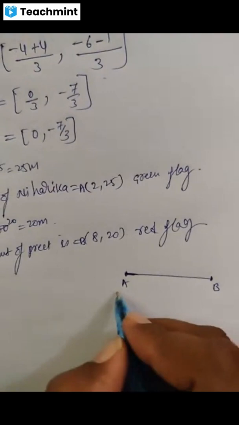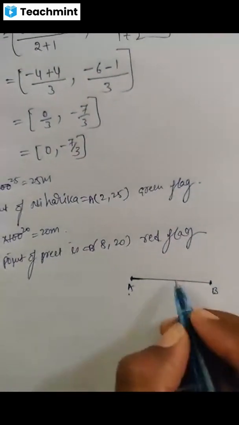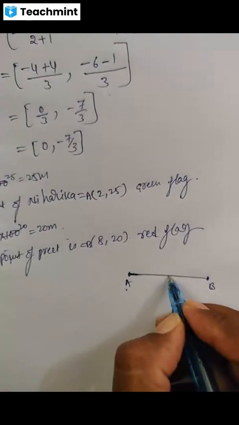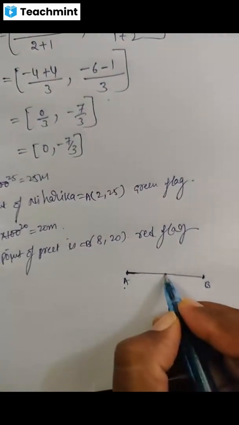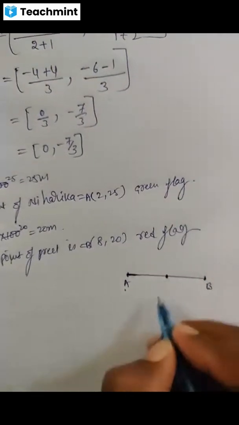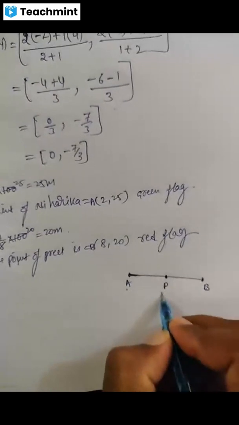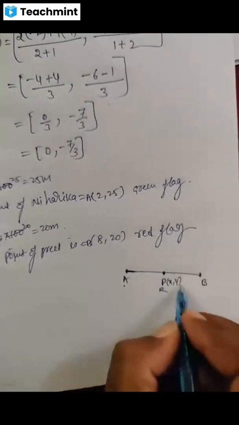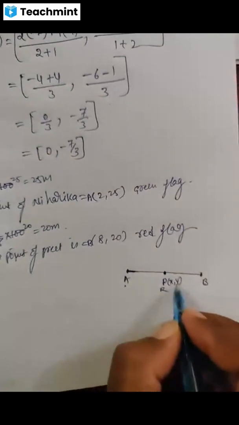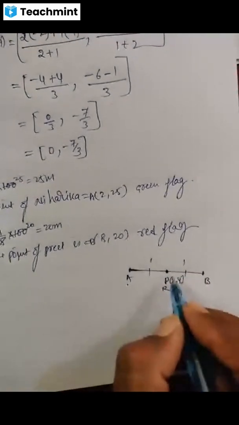Niharika is at position A and Preet at position B. Rashmi has to post the flag exactly at the midpoint of AB. So Rashmi will post the flag at x comma y. We need to find this. Midpoint means these two parts are equal, taken as ratio 1:1.